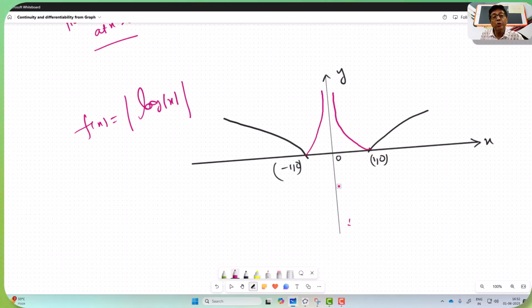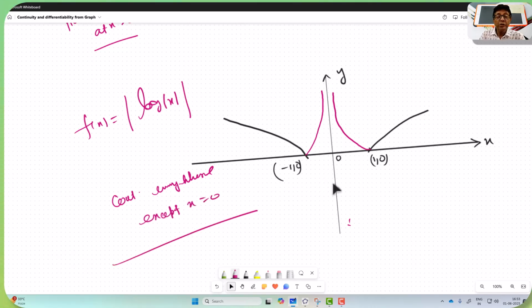Obviously it is continuous everywhere except x equal to 0, because you cannot plot the graph without lifting your pen or pencil. But not differentiable at which points?